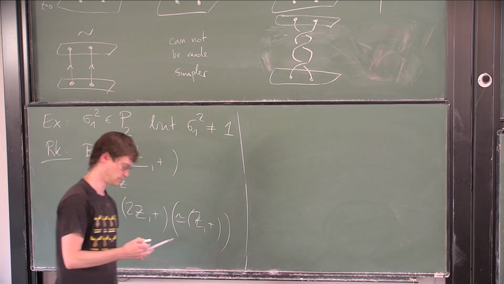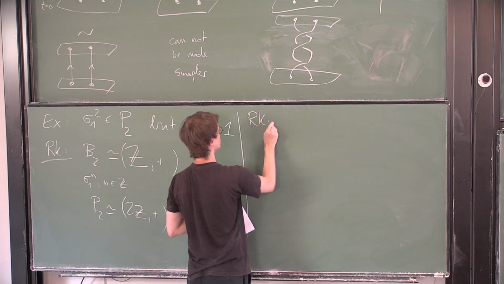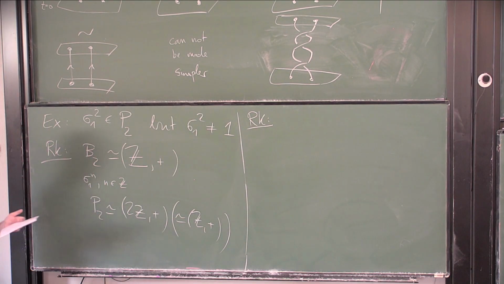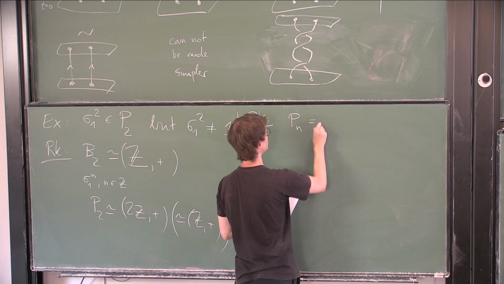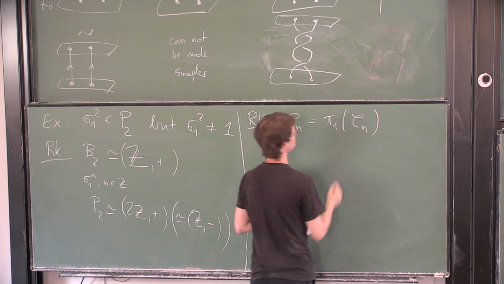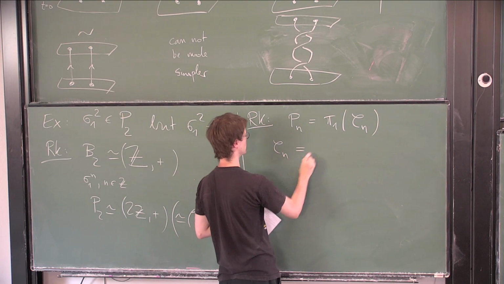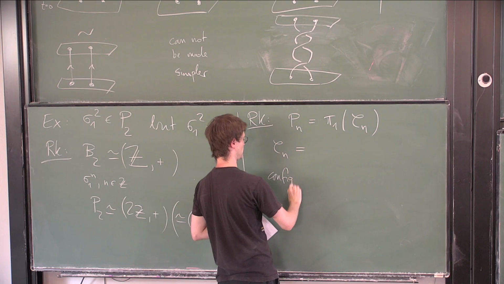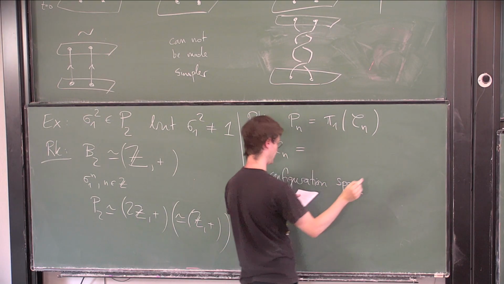One more remark before going to knots and links. For those who are more into topology, the others you can ignore it. But Pn, the pure braid group, is actually the fundamental group of Cn, where Cn is the configuration space of n points.